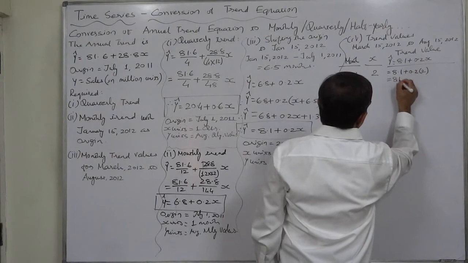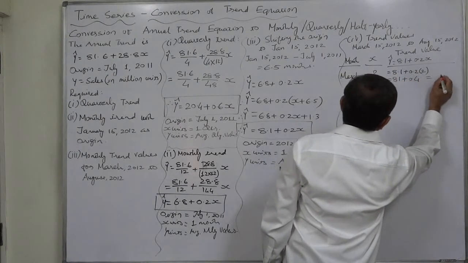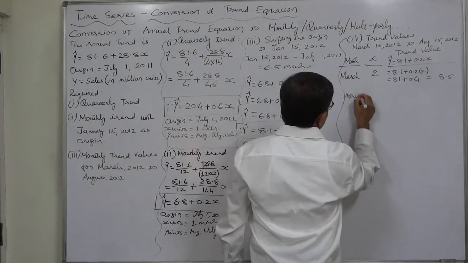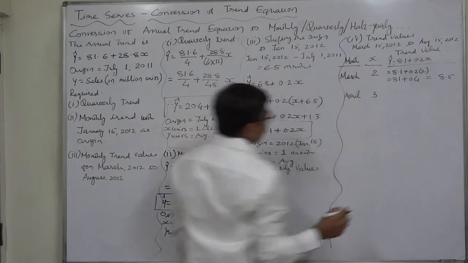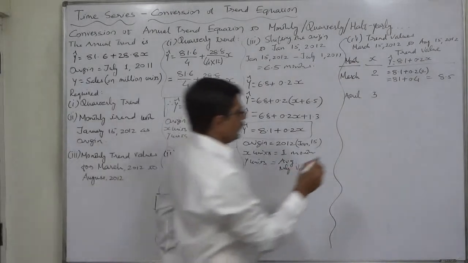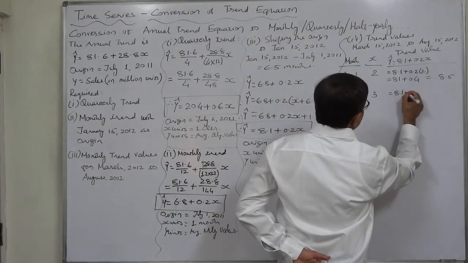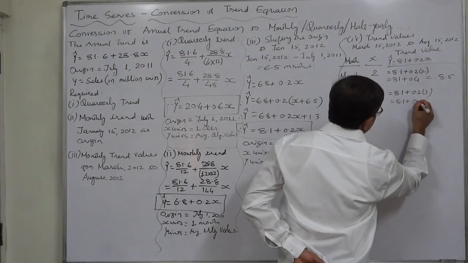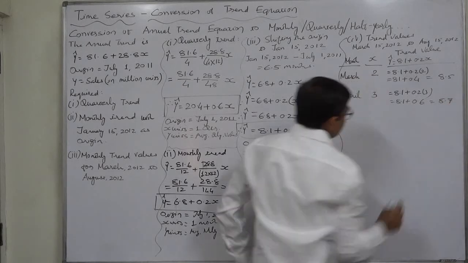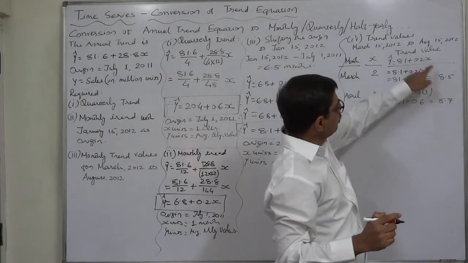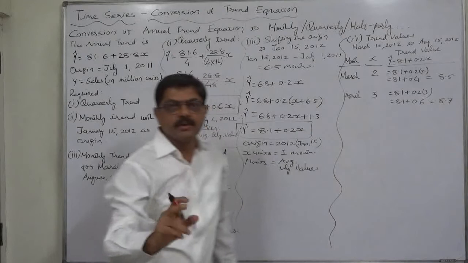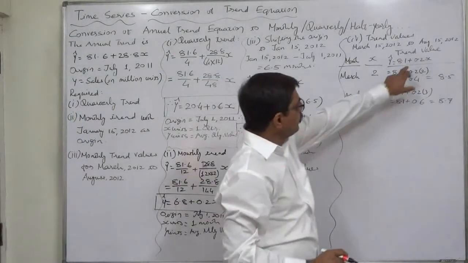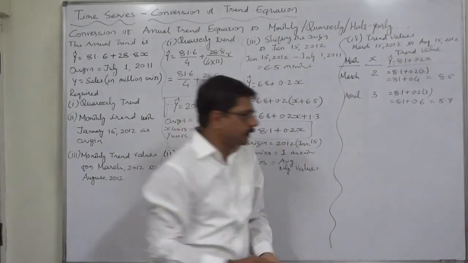That will be 8.1 plus 0.4, so it will be 8.5. April. Obviously, the x value will be 3 and the trend value will be 8.1 plus 0.2 into 3, that is 8.1 plus 0.6, that will be 8.7. See, the difference between these two must be equivalent to B, the constant rate of monthly change, or the constant rate of monthly increase, because B is positive.